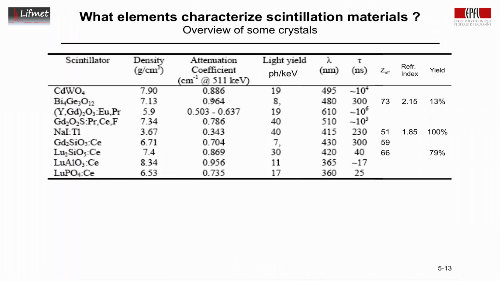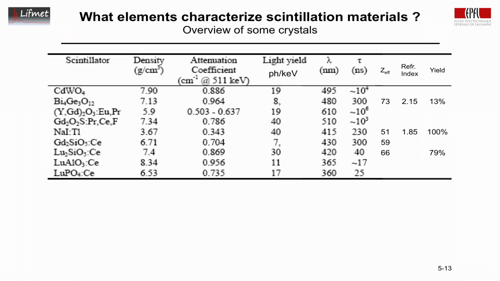The attenuation coefficient, obviously, we'd like it to be high. So it's somewhere between 0.3 and 1 per centimeter. This is the attenuation coefficient at 511 kiloelectron volt. Then we have the light yield. So how many photons, scintillation photons, are being produced per kiloelectron volt of the incident X-ray?